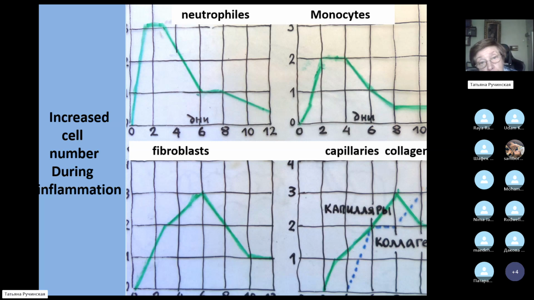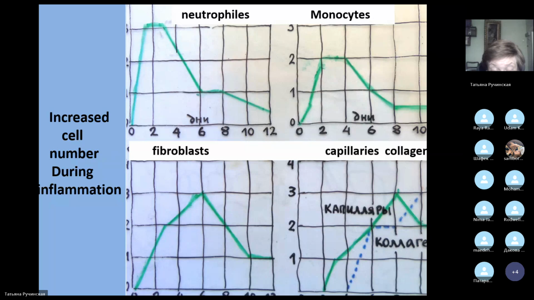When the neutrophil number decreases, monocytes increase their number, and you see they will be more numerous up to 6-7 days. This is the time period of acute inflammation.